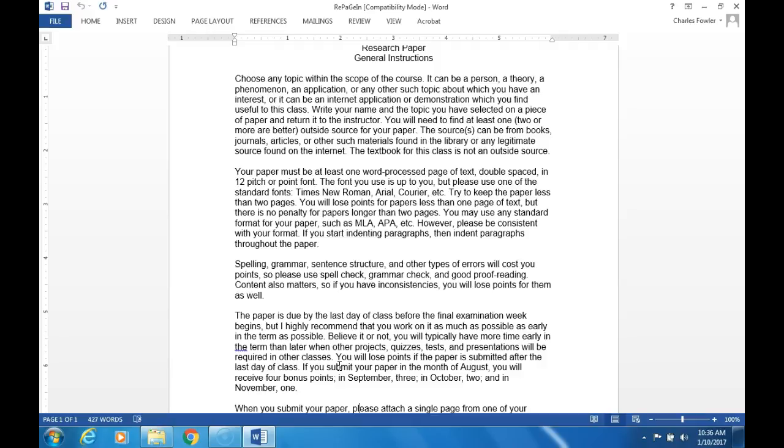Outside sources. That could be anything you find in the library, such as a journal, a book, a newspaper article, a magazine article, any material you find in the library, or, now here's a big word, any legitimate source found on the internet.